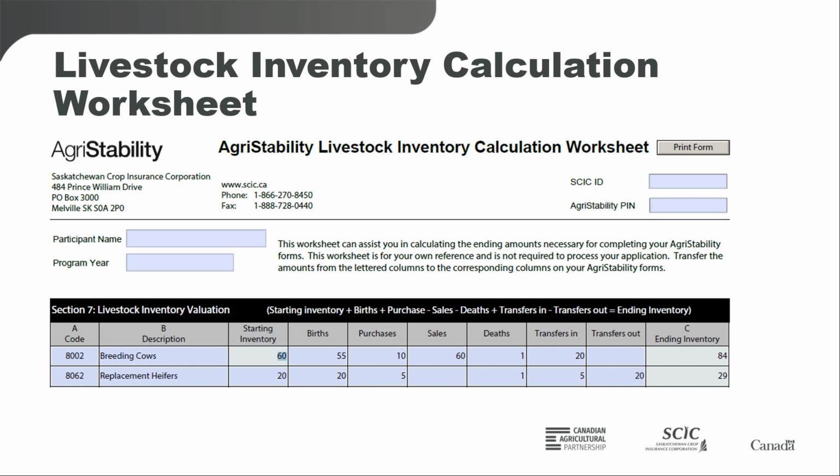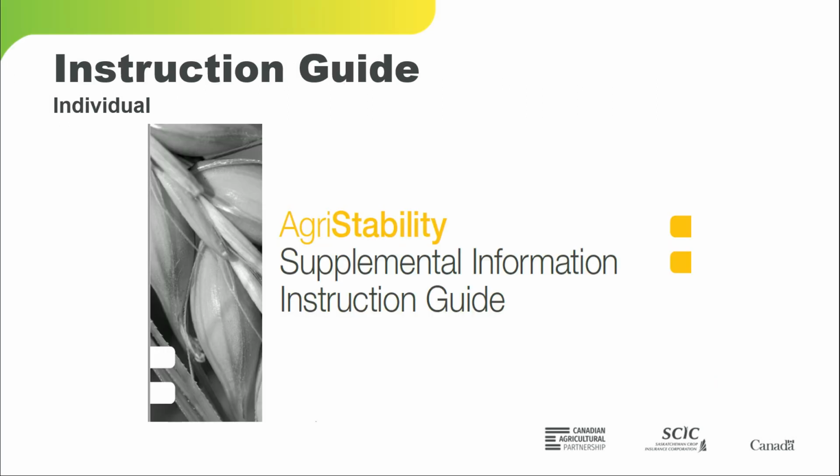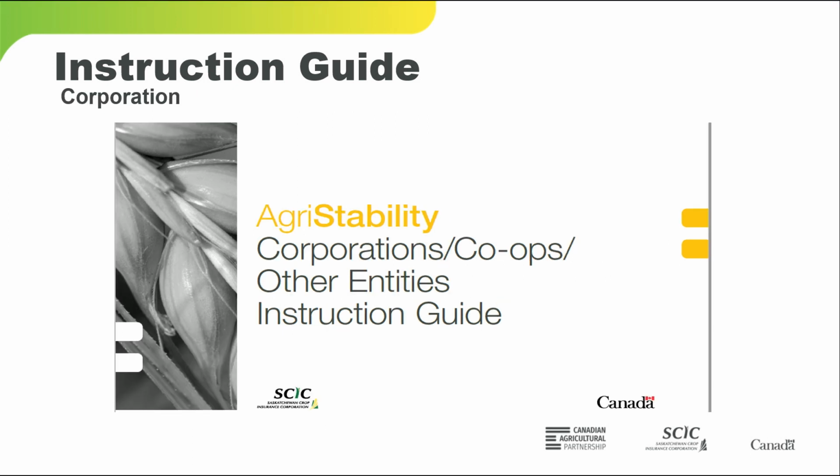It's optional whether you complete these or not. They're just extra tools that you can use to help you come up with those numbers. And this is a picture of the complete form from the website. Again, just to highlight the instruction guides, there is an AgriStability supplemental information guide and the corporation's guide that I reviewed.